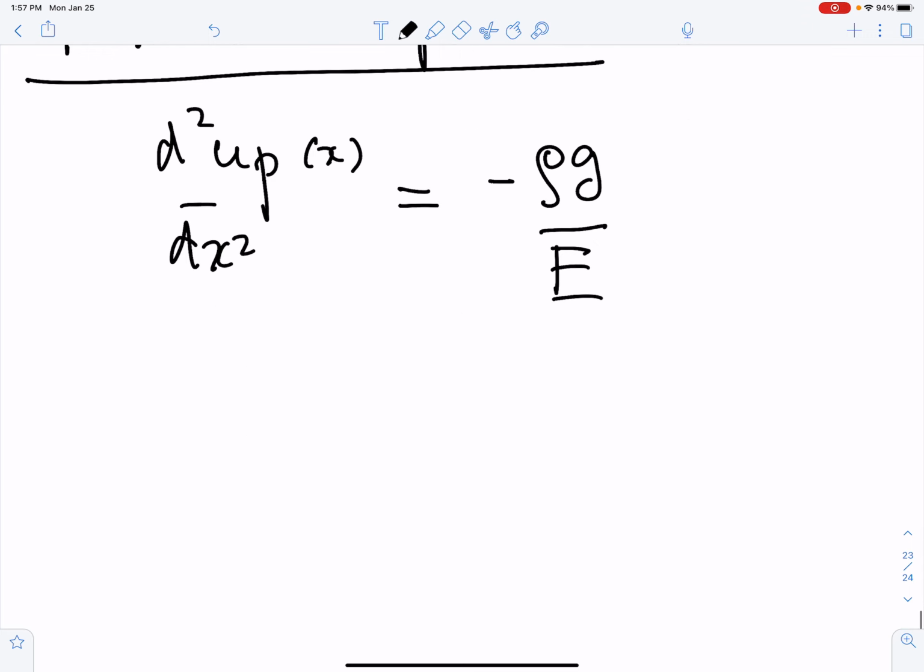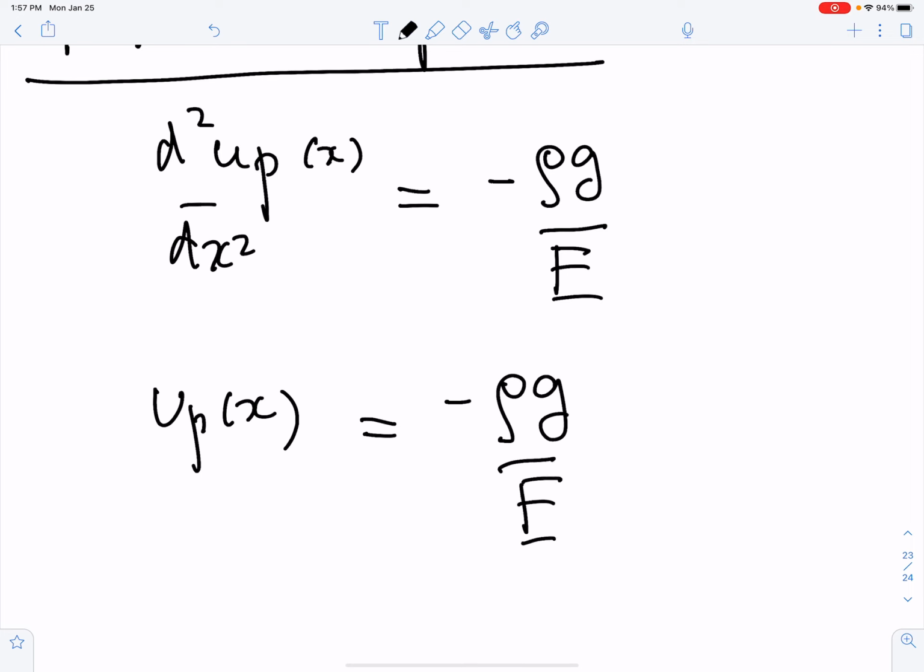Okay. So if you assume your u_p, as I said, this is where the art comes in, you say, well, I'm going to make it look like this: rho g over E, put a 2 here, put x squared there. You can easily check that if you take a function like this and plug it back in here, you get the constant right-hand side. Okay.